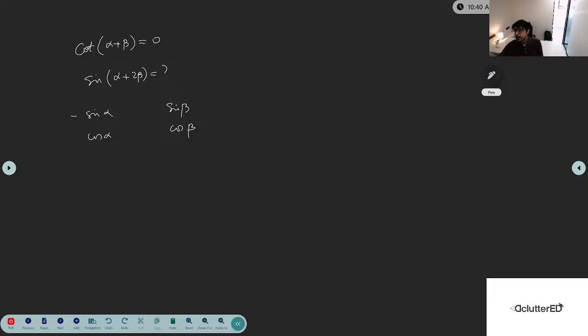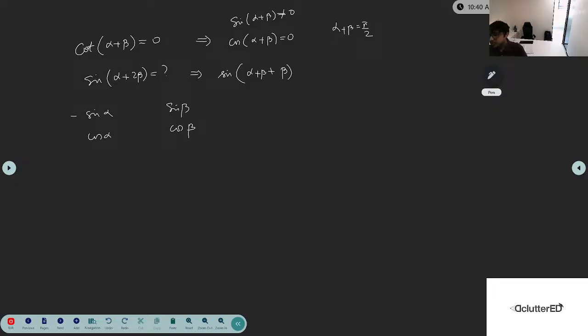Alright, it's given to us that cot of alpha plus beta is 0. Assuming sine of alpha plus beta is not equal to 0, this will give me cos of alpha plus beta is equal to 0. And I can rewrite this expression as sine of alpha plus beta plus beta. Now, if cos of alpha plus beta is 0, I can say alpha plus beta is pi by 2.